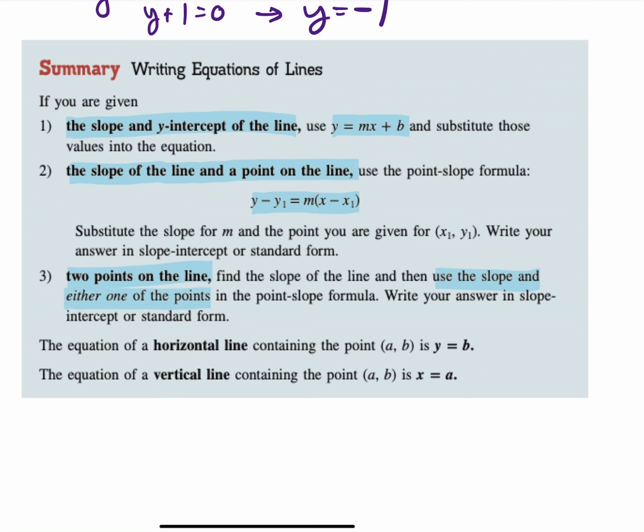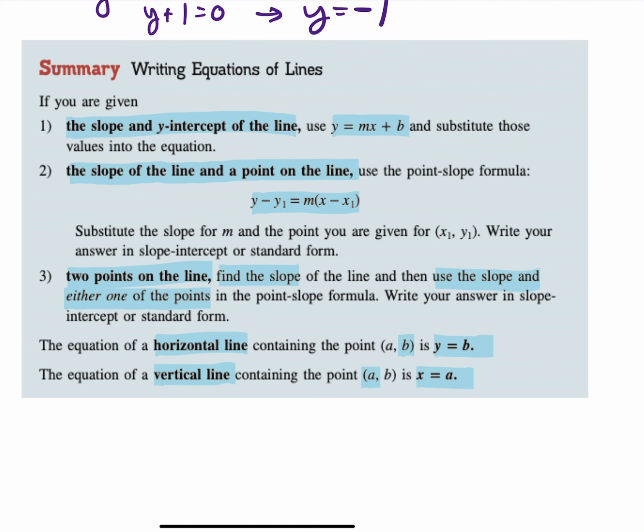So you have to first find the slope of the line, then use the slope in one of the points in point slope form. And then if you're told the line is horizontal, you can just say y equals that y component, or if it's a vertical line, it'll just be x equals whatever the x value in your coordinate is. So we have a handful of techniques now for creating equations of lines.